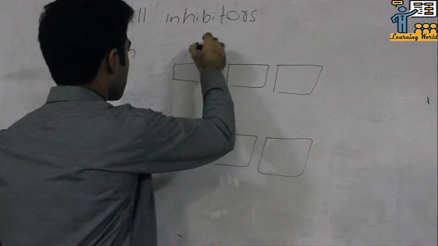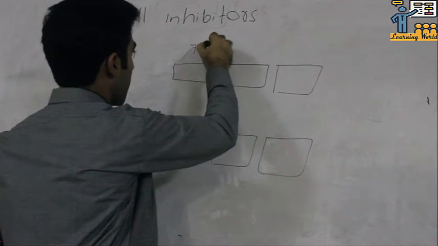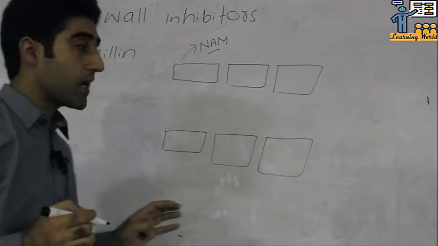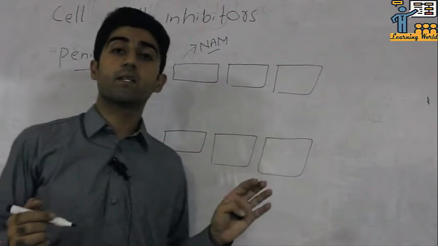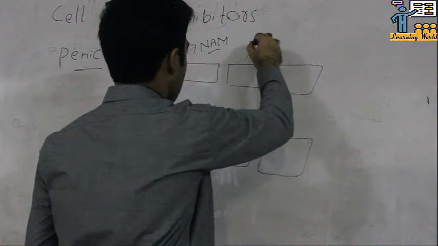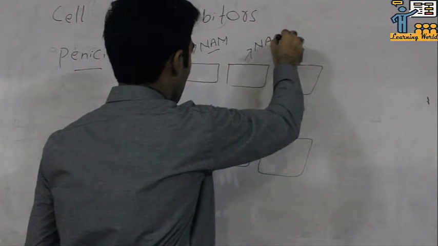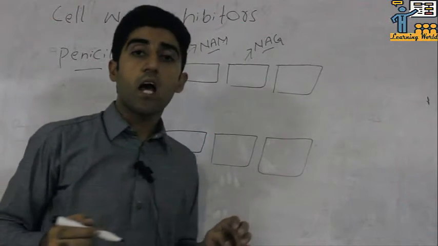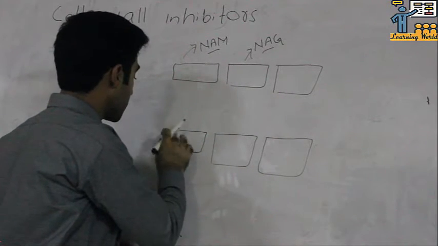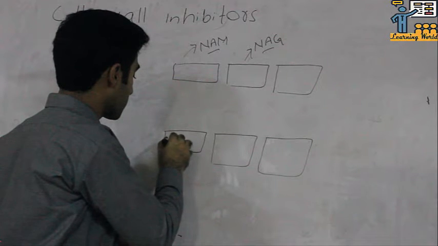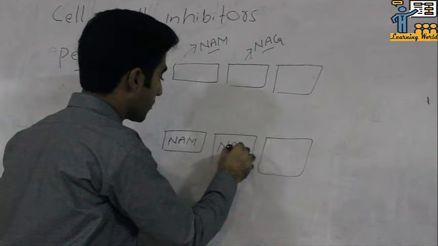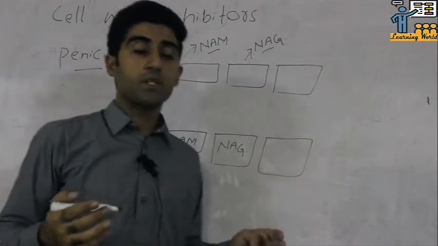These are the N-acetyl muramic acid. NAM represents the N-acetyl muramic acid. The second one is NAG, which represents the N-acetyl glucosamine. On the lower side NAM and NAG are also present.